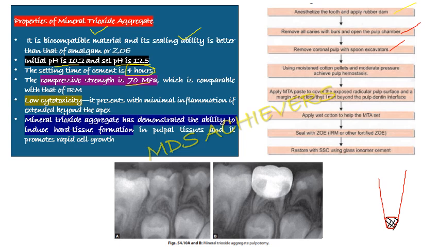Similarly, here it is placed over the pulpal stump areas, where it will cause formation of hard tissue. Over it, we will place a ZOE cement followed by a stainless steel crown.